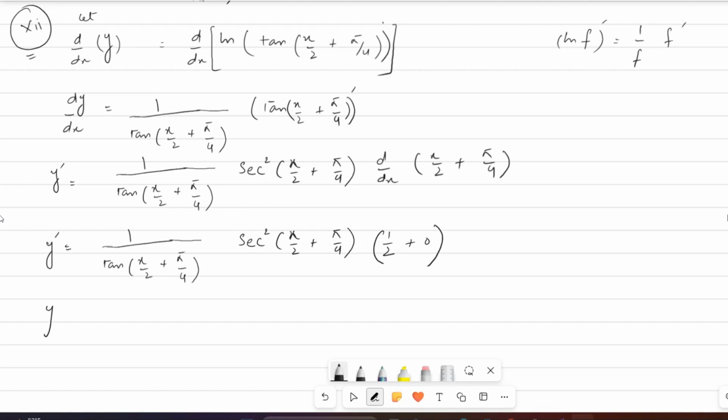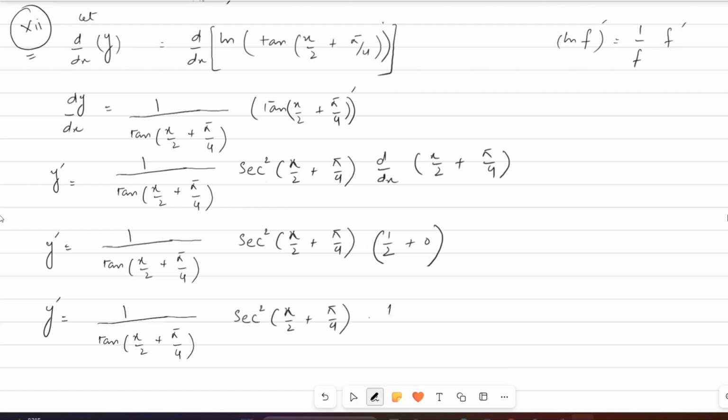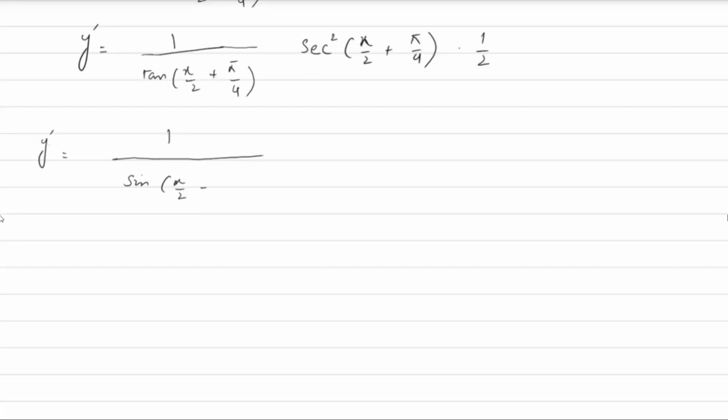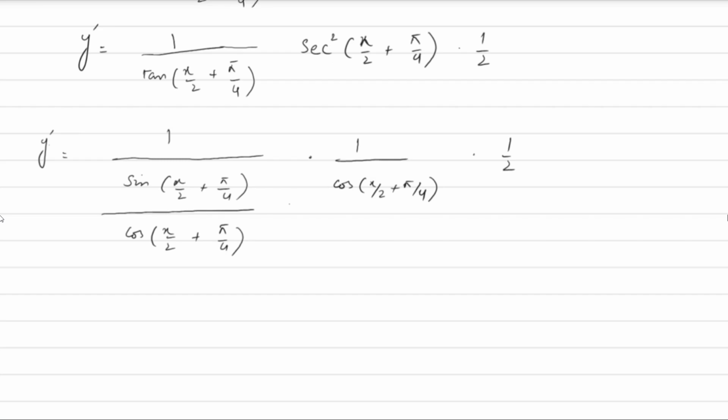So here we are having y dash is equal to tangent is sine x by 2 plus pi by 4 on cos x by 2 plus pi by 4, into secant square, is equal to 1 upon cos square x by 2 plus pi by 4, into 1 upon 2.